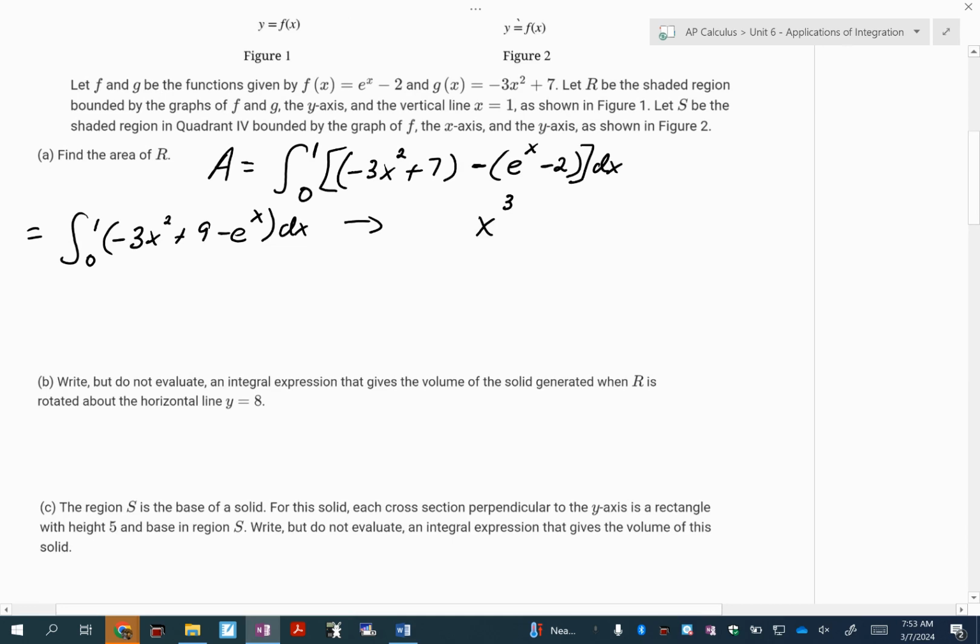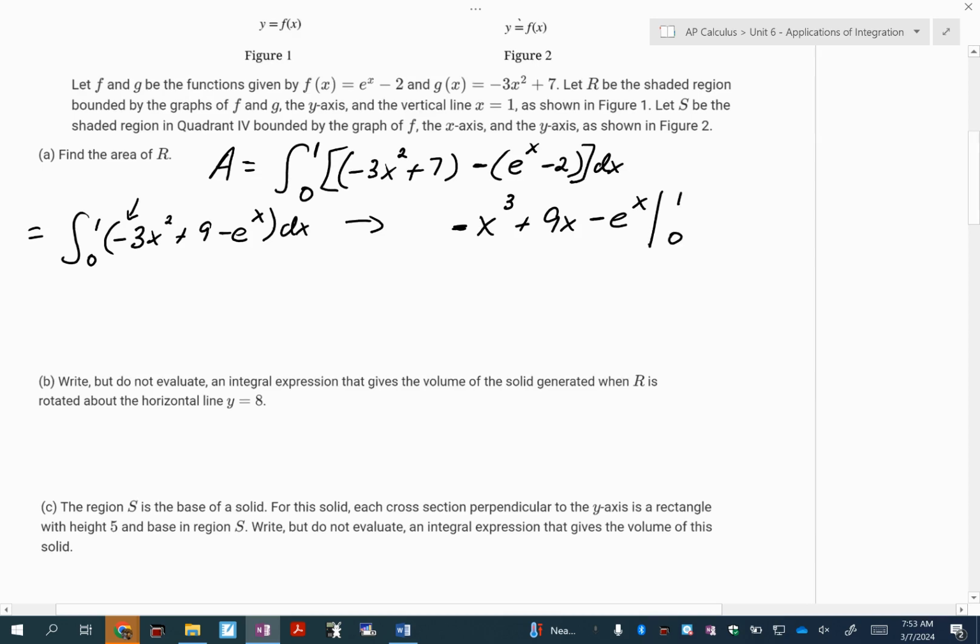If I took the derivative of x cubed, I would get positive 3x squared, but I do want a negative, so I'm going to put a negative in front. The antiderivative of 9 is 9x, and the antiderivative of e to the power of x is e to the power of x. Okay, so this is my antiderivative, which I'll be evaluating at 1 and 0.